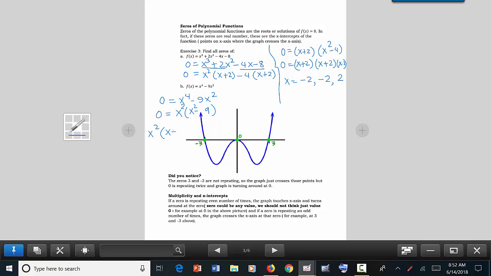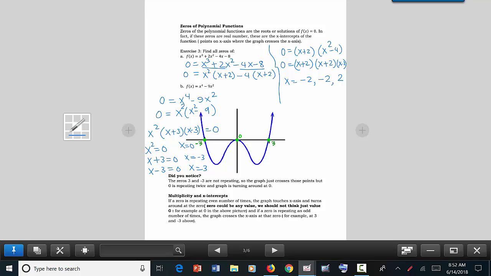That is x plus 3, x minus 3 equals 0. We got x squared equals 0, x plus 3 equals 0, x minus 3 equals 0. This gives x equals 0, this gives x equals negative 3, and this gives x equals 3.